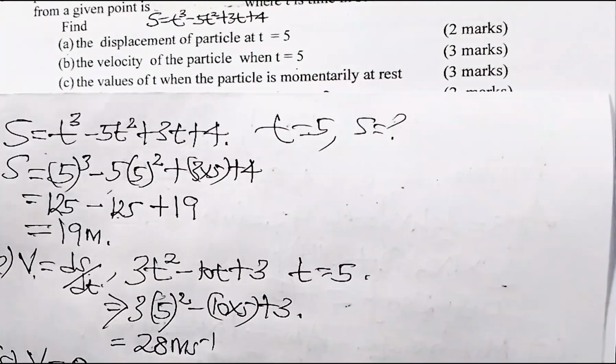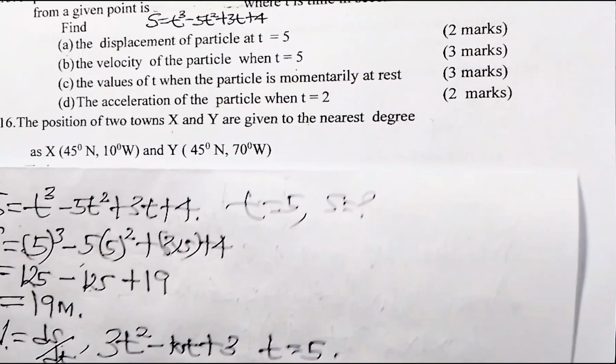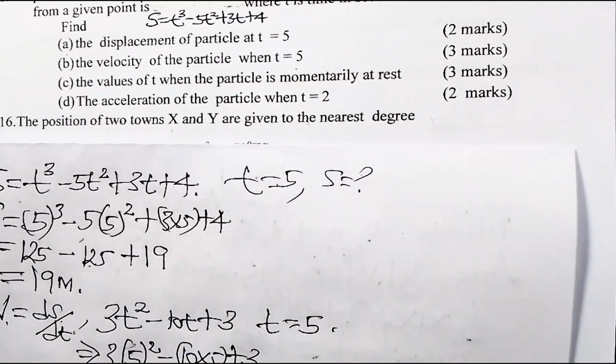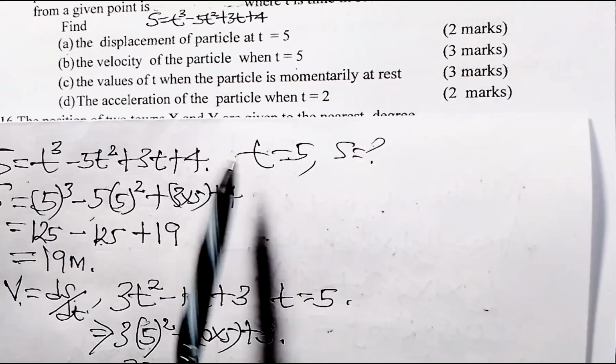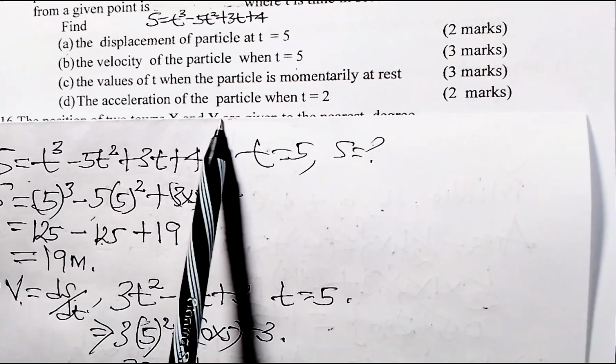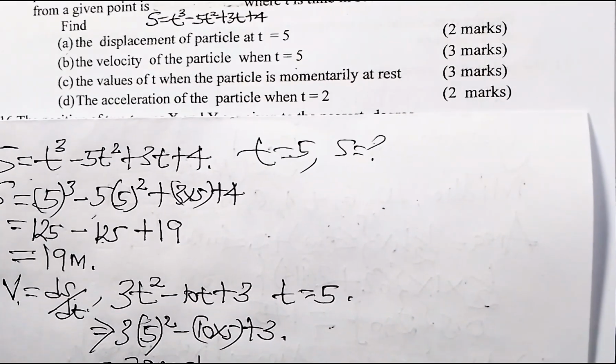Finally, on the last part, we are told to find the acceleration of the particle at t equals 2 seconds.